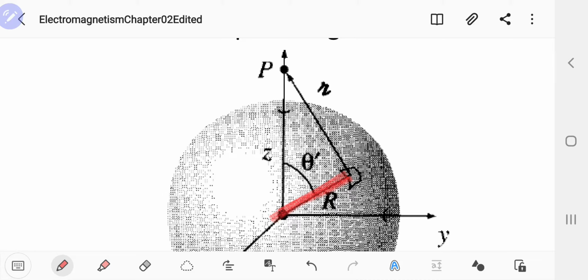We'll just look at this situation here where P is located outside, on the z-axis, for example.